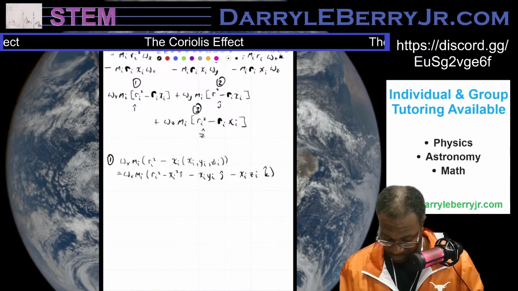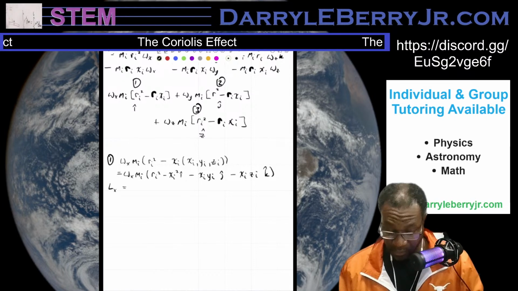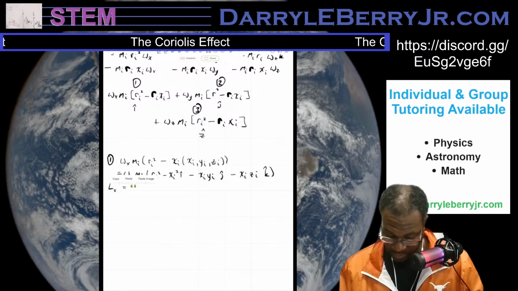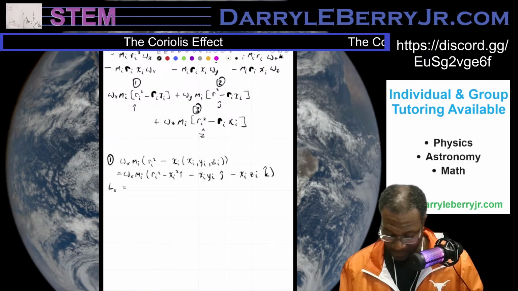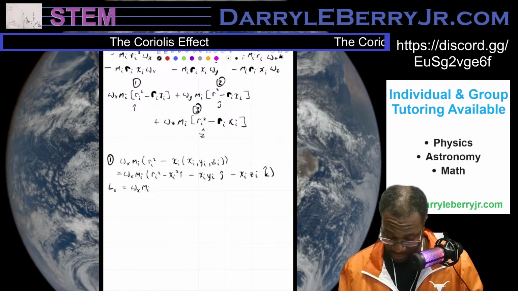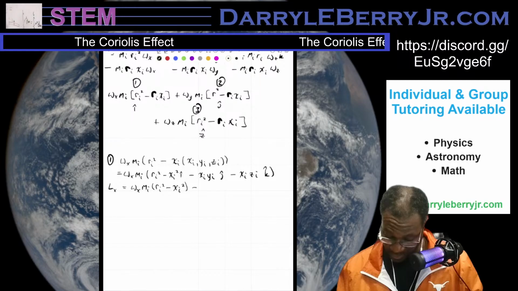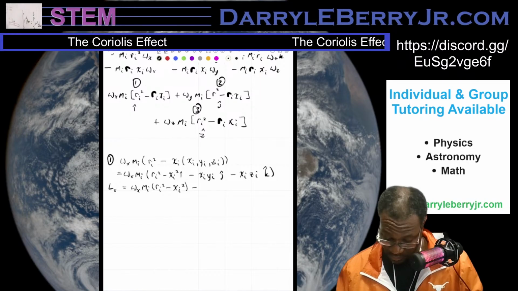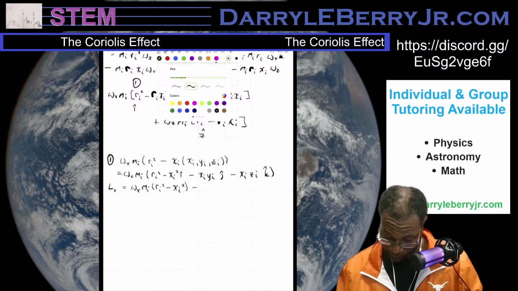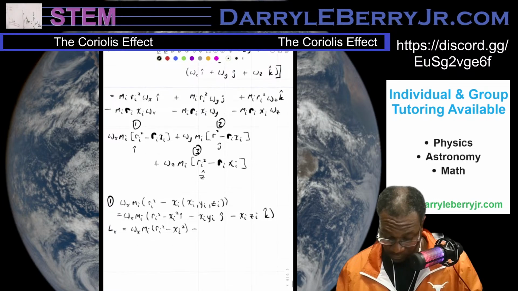So that means that L equals omega x ri squared minus xi squared, minus the other terms.